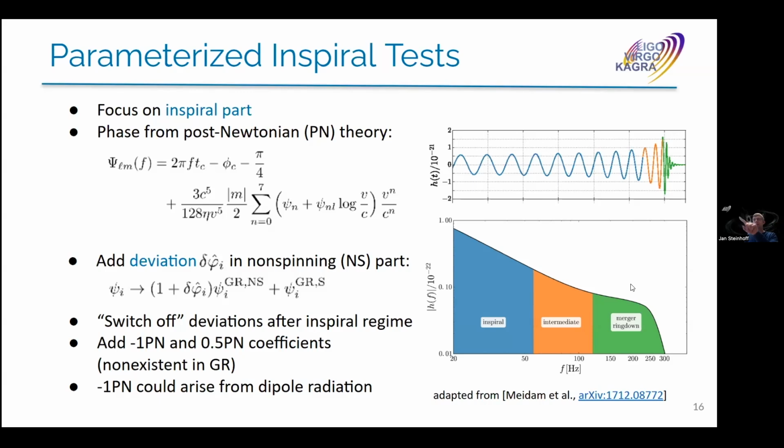Now, if you want to compare this to the formula, you have to know that each post-Newtonian order corresponds to 2 pieces in the n expansion, or 2 powers in velocity. So -1 PN means n equal to -2 in that formula. And we also introduce a 0.5 PN coefficient, which would be n equal to 1 in the formula for the phase.